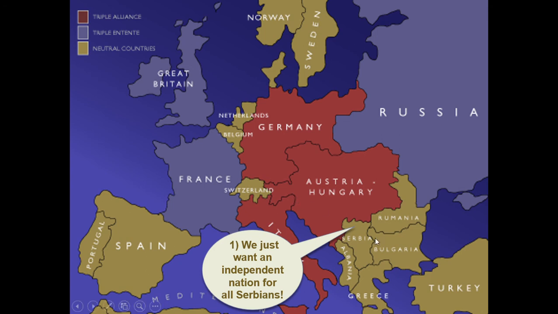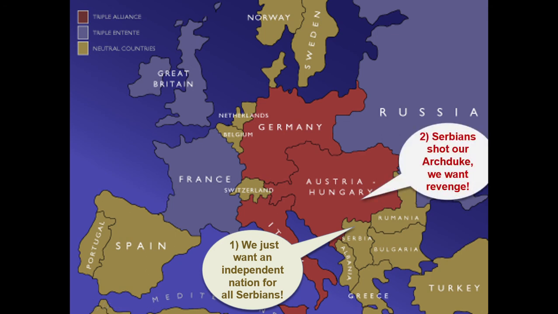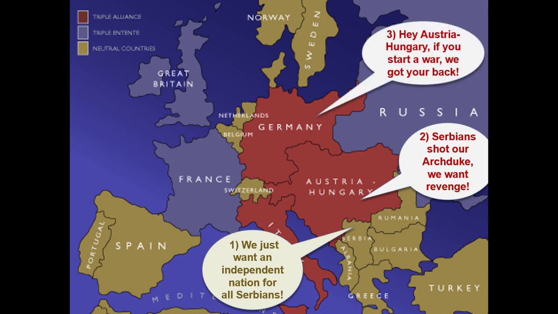Now Serbians wanted all Serbian people to be united in one nation. So if Serbia is talking here, it says we just want to be an independent nation for all Serbians. But Austria-Hungary says, Serbians, you shot our Archduke, we want revenge. So even though it's the actions of a terrorist, Austria-Hungary is going to want revenge by declaring war on Serbia. Here's how things escalate.